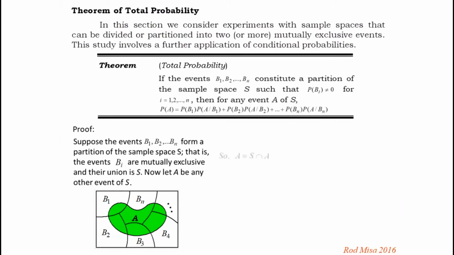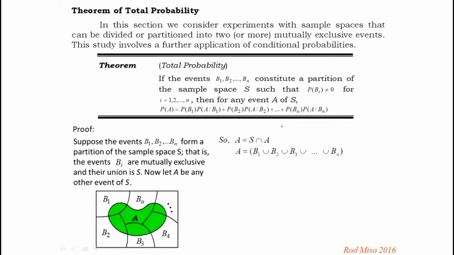Thus, event A is the intersection of the sample space and the event A, which is colored green in the drawing. But the sample space S can be represented by the disjoint union of all these partitions, B sub 1, B sub 2, B sub 3, up to B sub n.